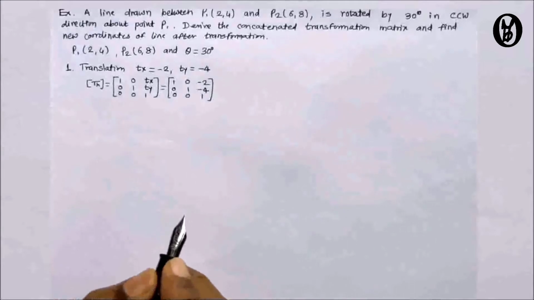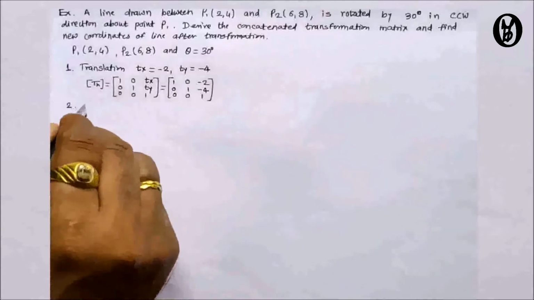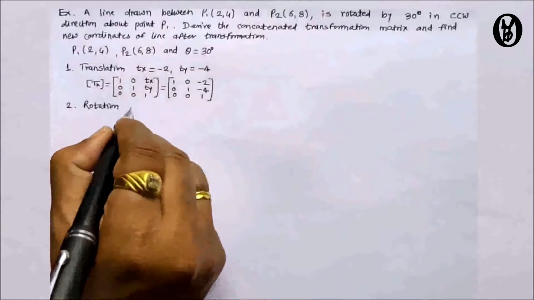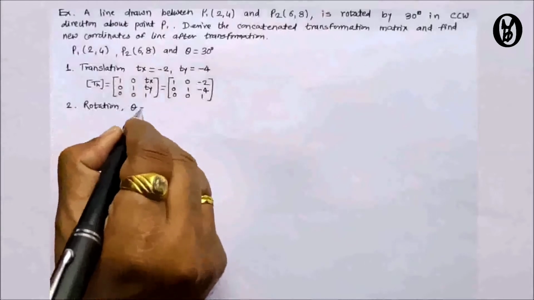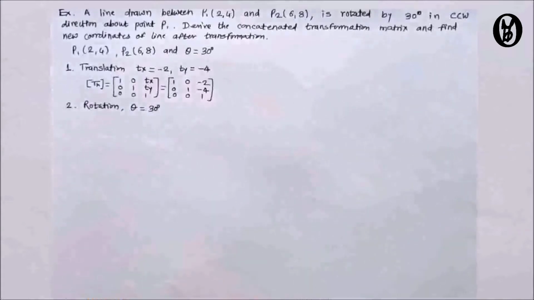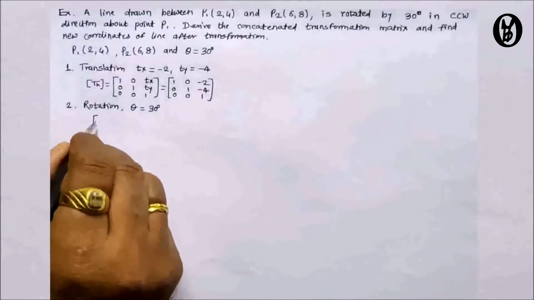Second, we have to rotate that line by 30° in the counterclockwise direction. For rotation, theta is 30°, and as the angle of rotation is counterclockwise, theta will be positive.